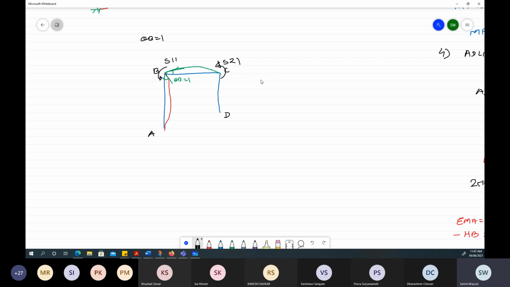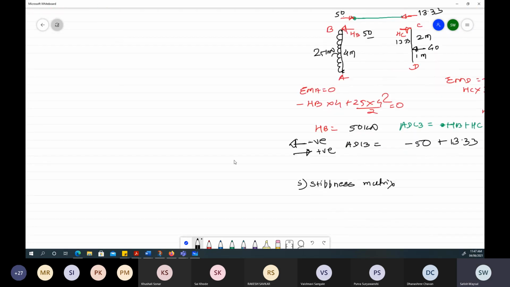Instead of showing it at that joint, you can show it here also, because this is for only this vertical column. For that, the reaction will be there for the third one. Okay, this is for theta b. Can you write down the first one?